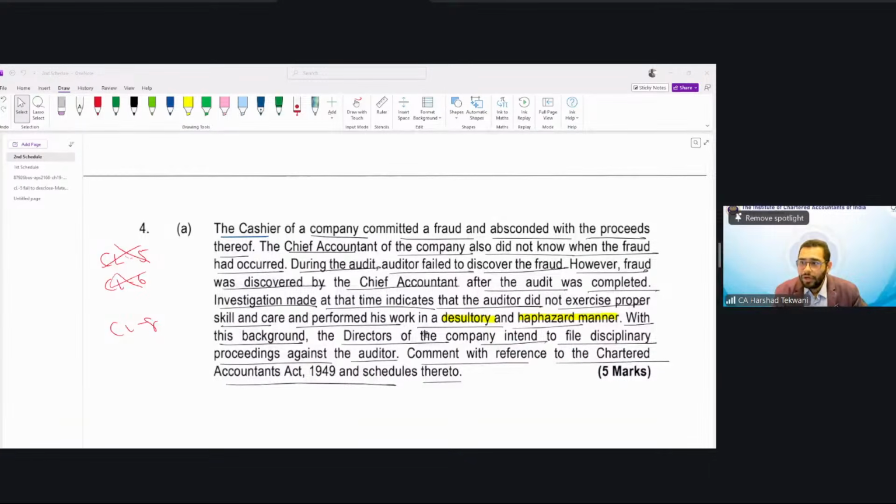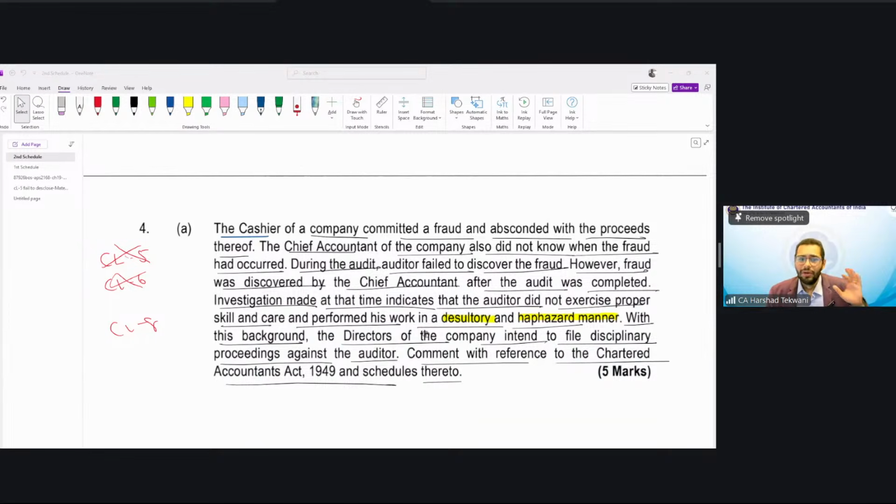The work is performed in such a way that it lacks a clear plan or purpose, or it's aimless, kind of half-hearted. So if that is the type of work, some work is performed, but whether it is appropriate or not, that is something we need to understand.